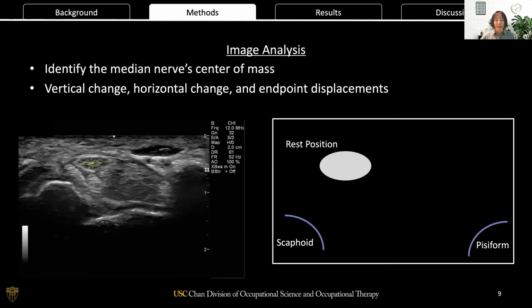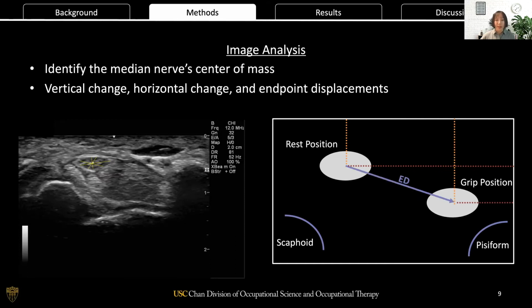After the nerve center is identified, we then measured the horizontal and vertical distance from the nerve center to the edge of the frame, as shown in the red image. We did the same thing for the nerve at the grip position. To calculate the endpoint displacement, we first calculated the vertical change and then the horizontal change. The endpoint displacement is then calculated using this formula.